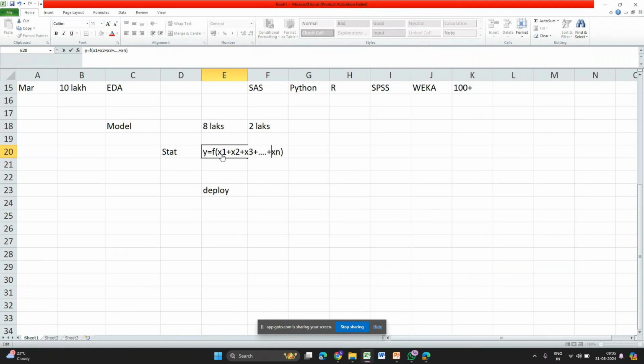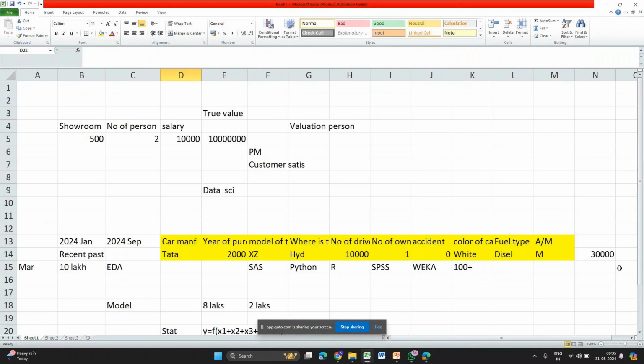Some operation performed based on the statistics on the given data will give an outcome like 3 lakhs or 4 lakhs, or it may be a range because we do not have to decide the exact number. So we'll give 3 to 3.2 or 3 to 3.5 depending on the criteria which your company accepts. Any questions here in this example?